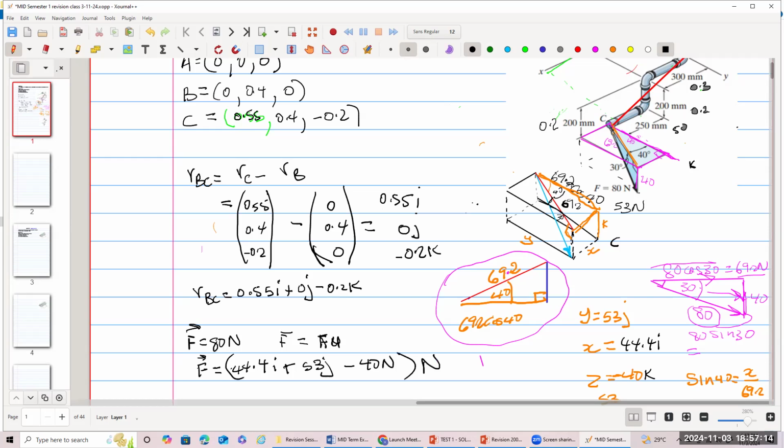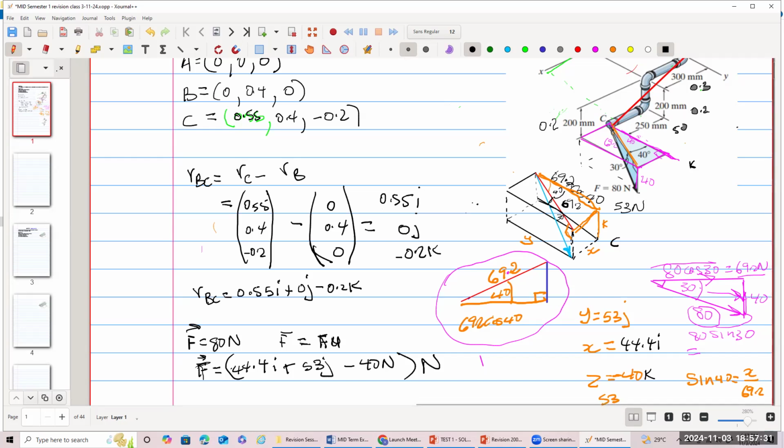Once you multiply the 80 times it, you're good to go. So we use the scalar form times the unit vector, which gives you the Cartesian format. The unit vector times the scalar for the force gives you this component here, and we're finished right there.